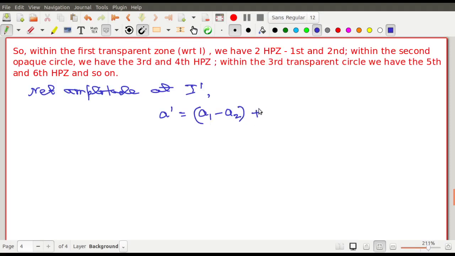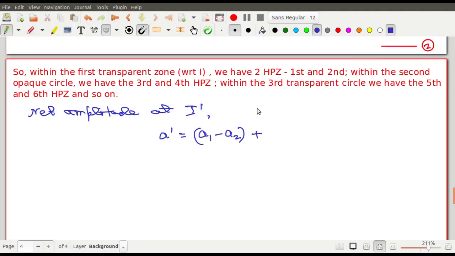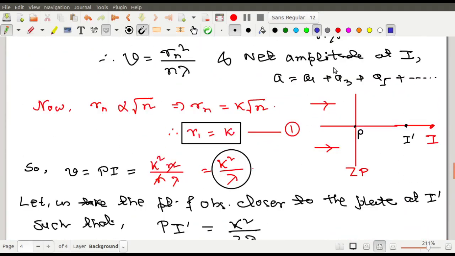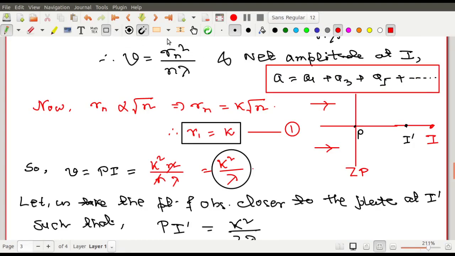Now you see that the second one is blocked, so 3 and 4 will be blocked. Have a good look over here. I should box over here, just note that after A1 A2, the second circle was blocked, so you have 3.